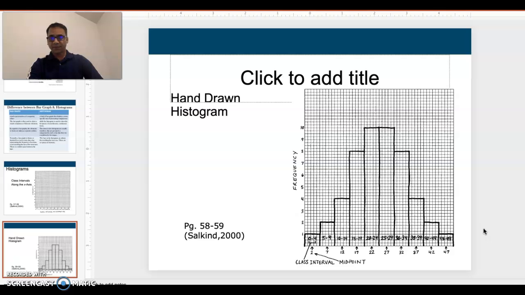So in this same graph, what we do is we point out that we have continuous or class intervals.